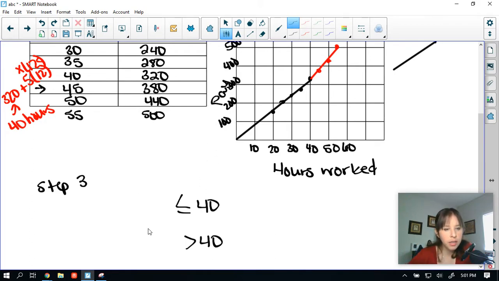Right, and in my condition where it's less than or equal to 40, we need to find the function for this graph right here. Now, if she works 0 hours, then she gets 0 pay. My y-intercept is 0. In a linear function, y equals mx plus b, this b component is your y-intercept.